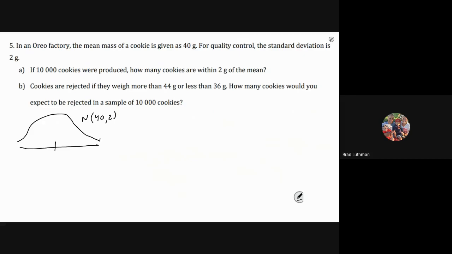So we go mean 40, 1, 2, 3: 42, 44, 46, and 38, 36, 34. Within 2 grams of the mean would be there to there. And I think that's right on the button, our 68%. Because of 10,000 cookies, we're going to have to take 10,000 times 0.68 and get 6,800.